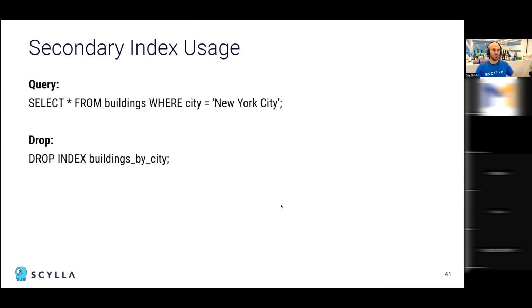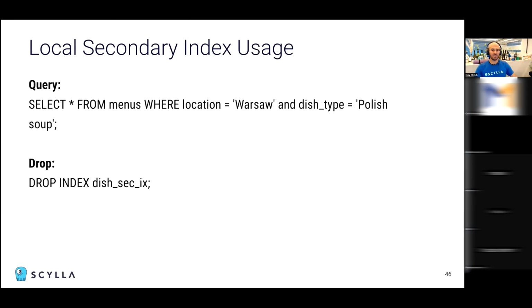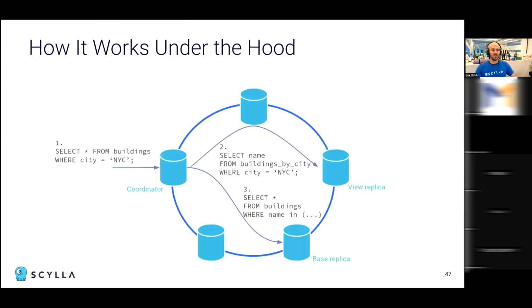So what would happen under the hood? I think I have a slide for this. When we select from the table using the index, the database would first of all look at the city and find the partition key from this materialized view.